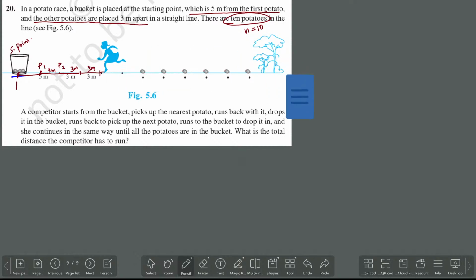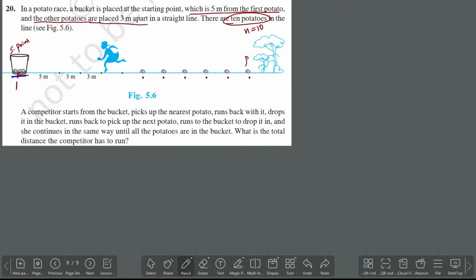So in the diagram, what will you mention here? This is P1, potato number 1, potato 2, 3, 4, 5, 6, P7, P8, P9, P10. We'll erase this.